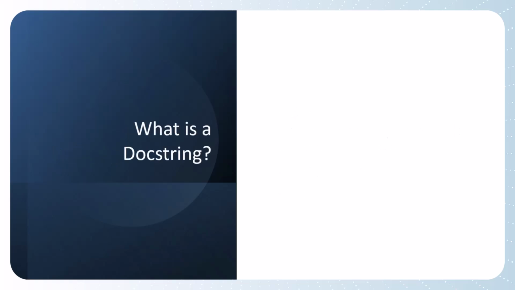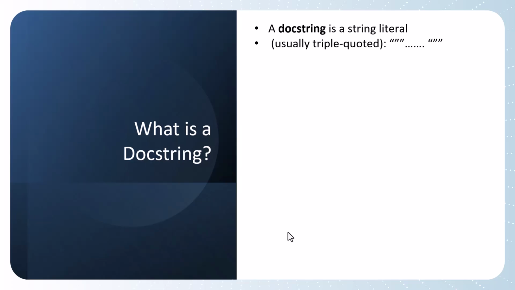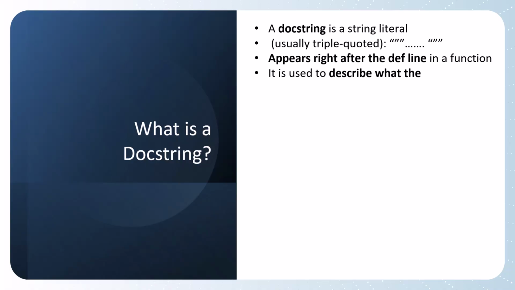What's a docstring? A docstring is a string literal, and usually it is triple quoted, with triple quotes before and after the string literal, and it appears right after the def line in a function. It is used to describe what the function does.